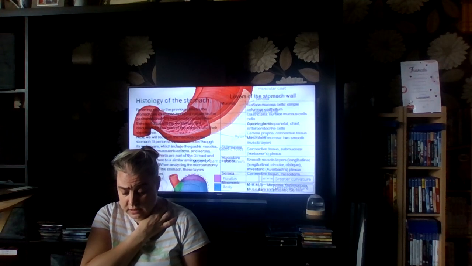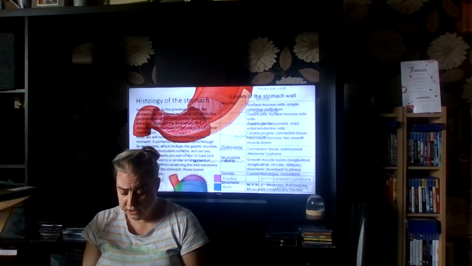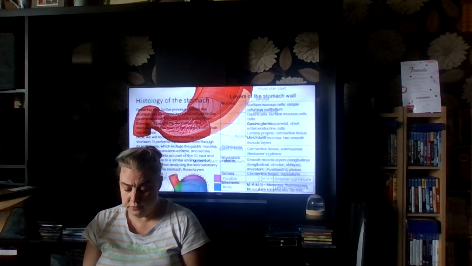The stomach has wall layers which include mucosa, submucosa, muscularis, and external serosa. These are the components of the GI tract and have a similar arrangement of layered tissues, so that in the microscopic analysis or histology of the stomach, these layers become clear.